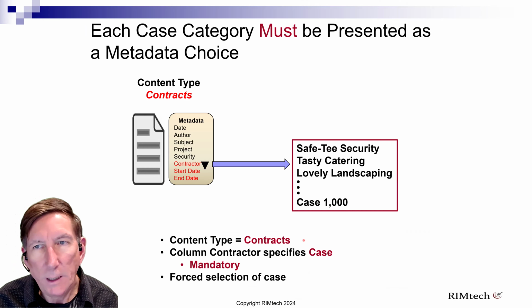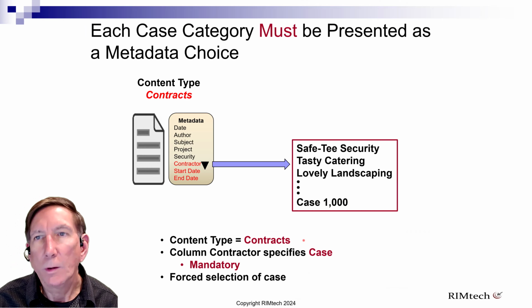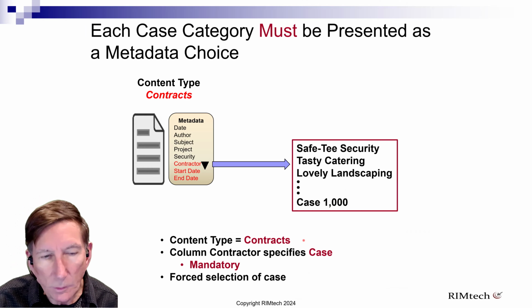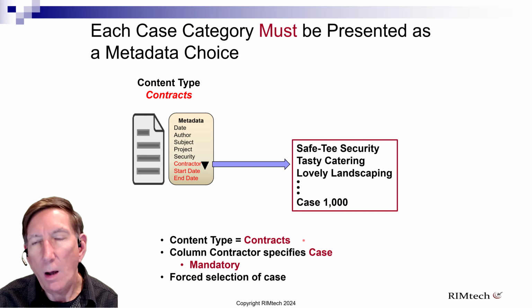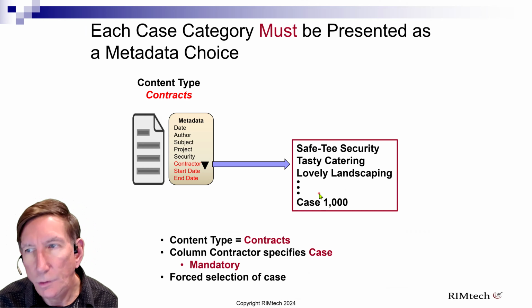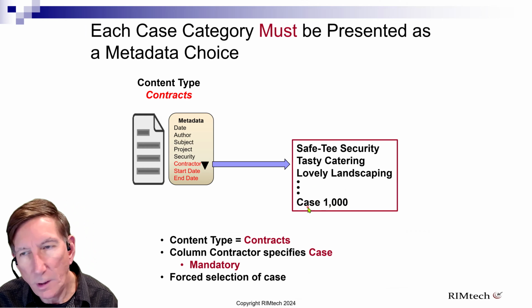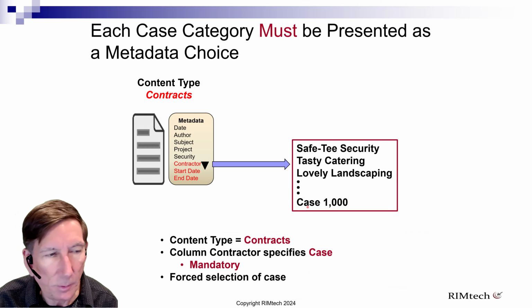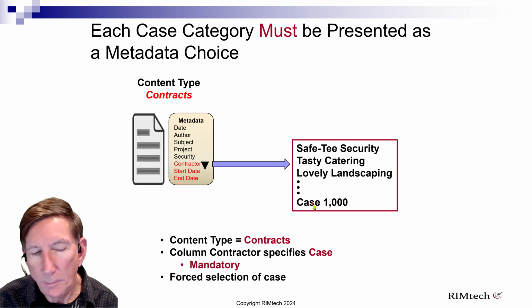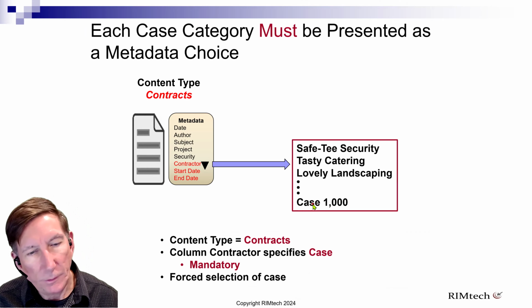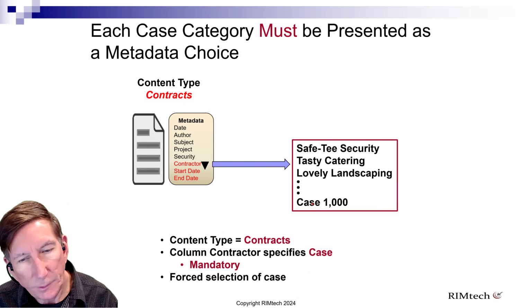That's a mathematical reality. So yes, there has to be a metadata field or some mechanism of forcing the user to choose between 1,000 cases every single time I put a case record into SharePoint. Remember, 7,200 records are flowing into SharePoint every single day.